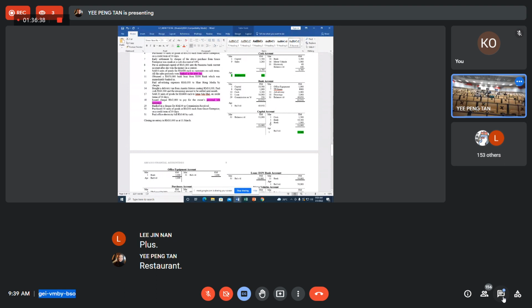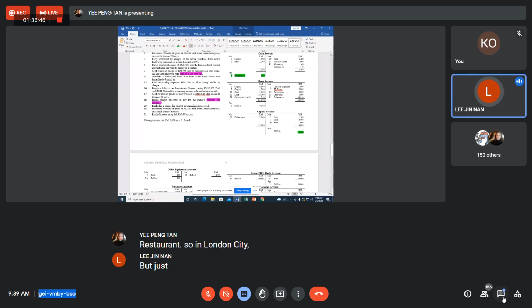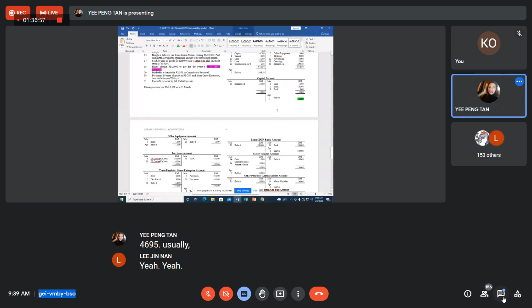What's wrong with my balance sheet? Oh, just now I saw 64,950. 46,955, changed already. Yeah, my mistake. So you're supposed to cancel this figure.